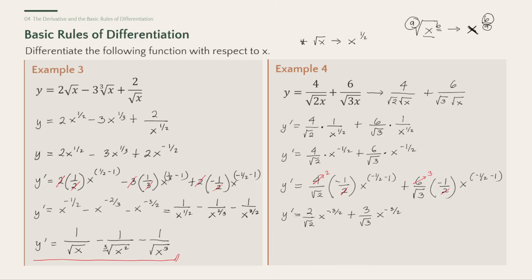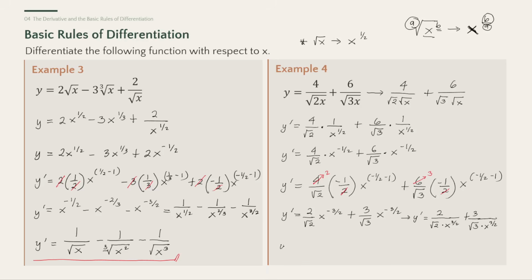And to simplify, we can put the x with the negative exponents in the denominator again. Then the sign will become positive, x raised to 3 halves. And then 3 over square root of 3 times x raised to 3 halves also.